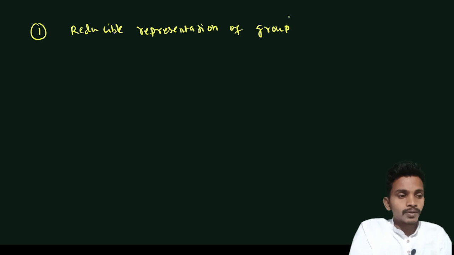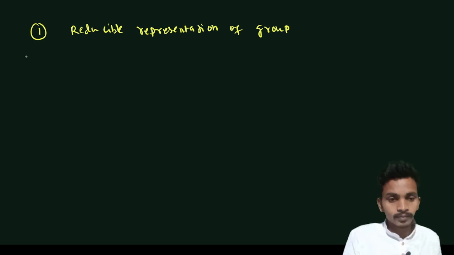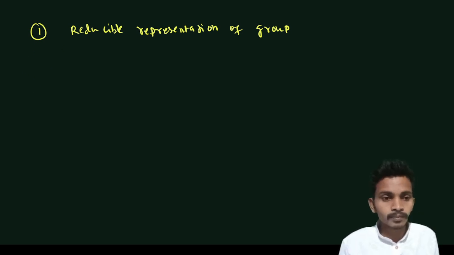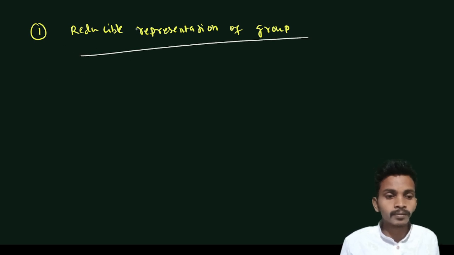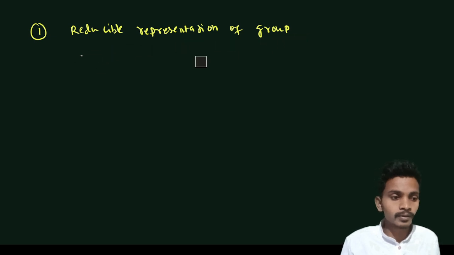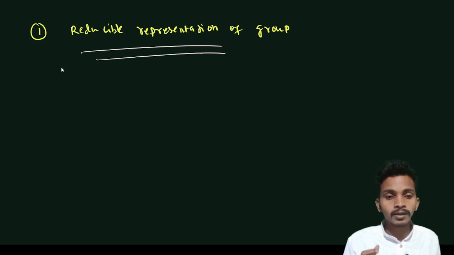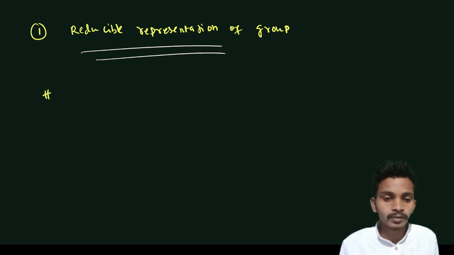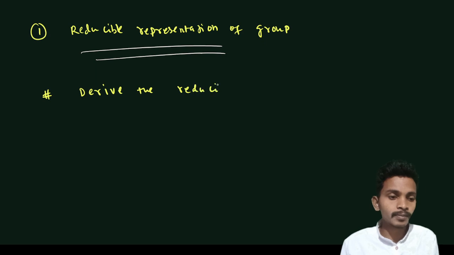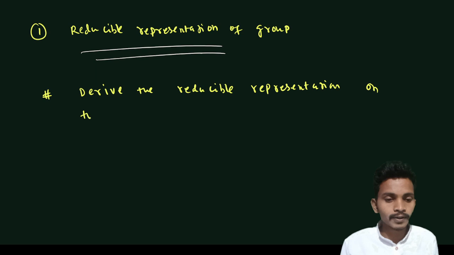In these reducible representations of groups, we can derive the reducible representations on the basis of mainly three ways.